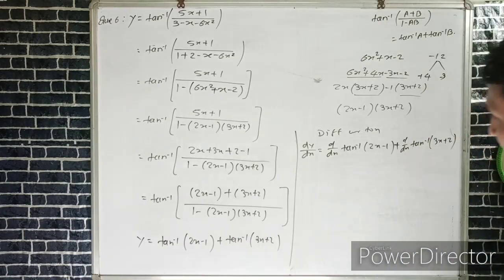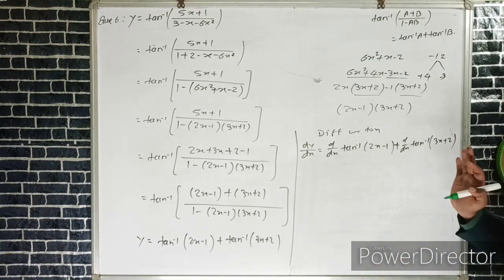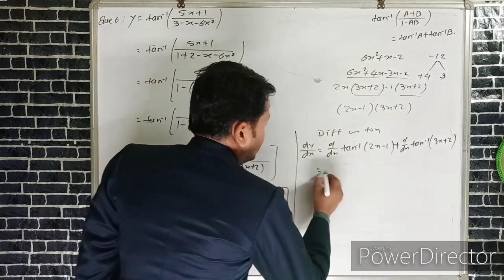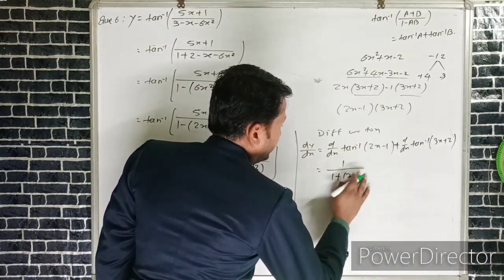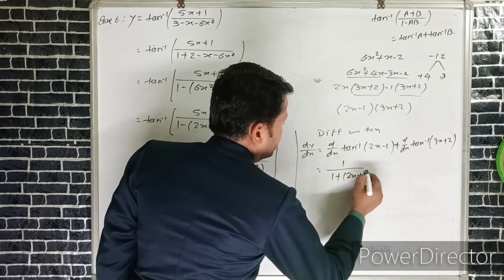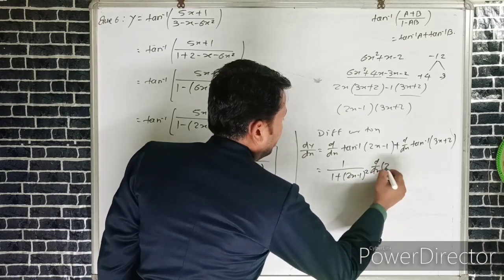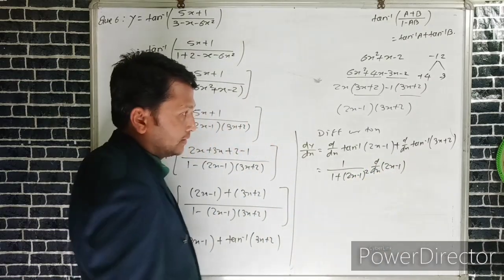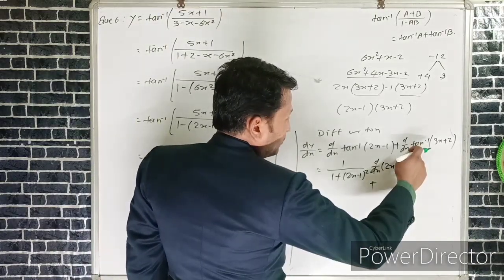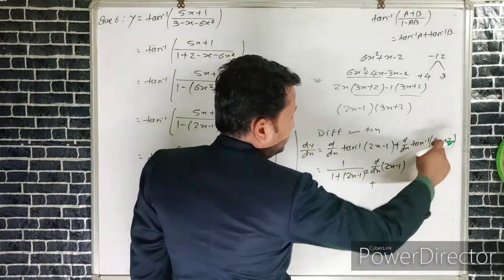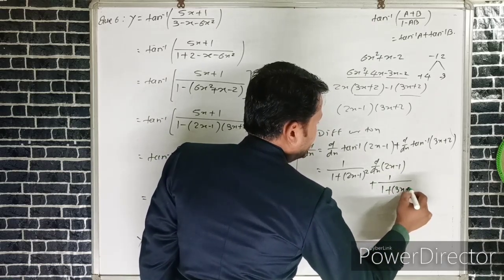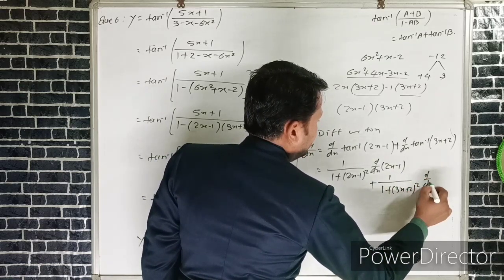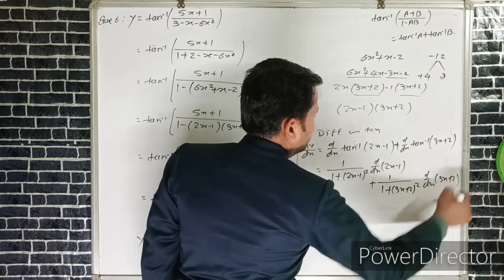We know that the derivative of tan inverse x is 1 upon 1 plus x square. Hence, the derivative of tan inverse of 2x minus 1 is 1 upon 1 plus 2x minus 1 whole bracket square, into again the derivative of 2x minus 1, plus the derivative of tan inverse of 3x plus 2, which is 1 upon 1 plus 3x plus 2 whole bracket square into the derivative of 3x plus 2.